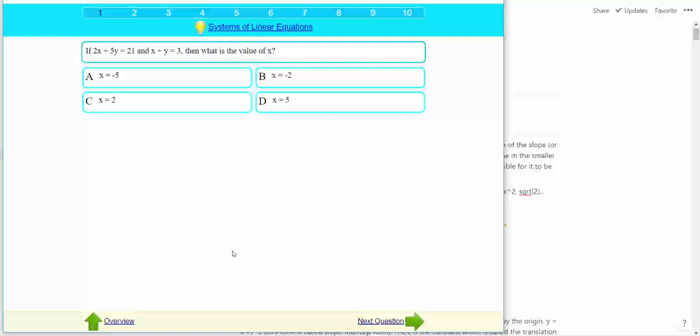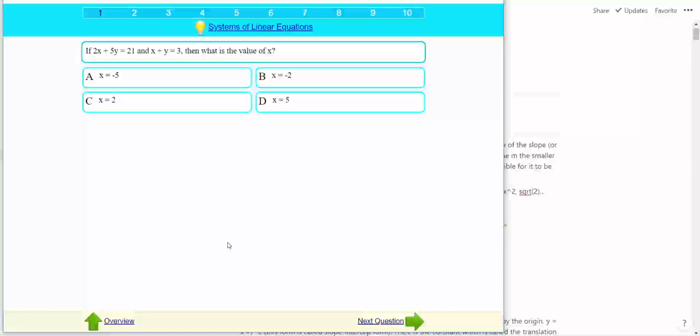So 5 minus 2 is 3y, which would equal 21 minus 6, that's 15. Yeah, hopefully it's 15. I hope I'm not mistaken on that one. So y would equal 15 over 3, that's 5, right?